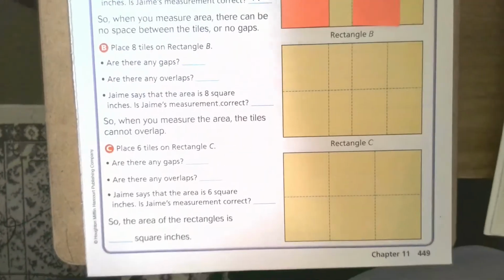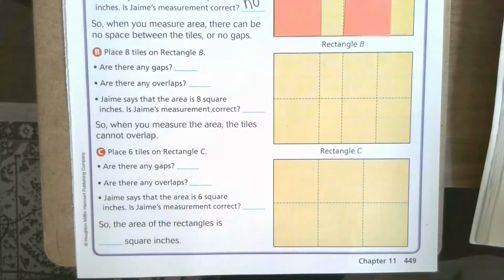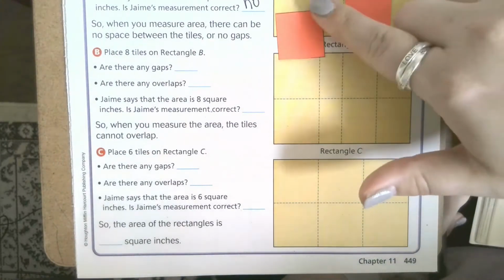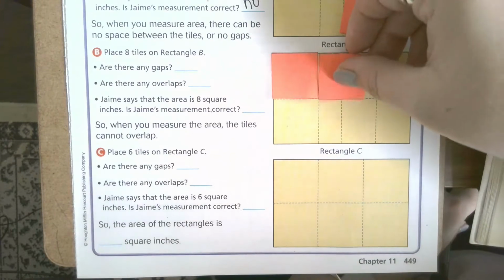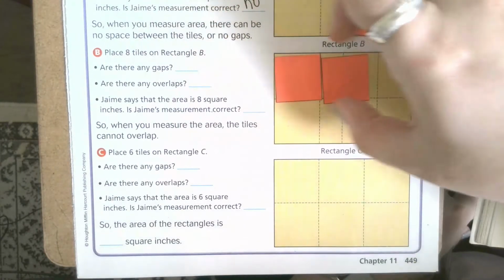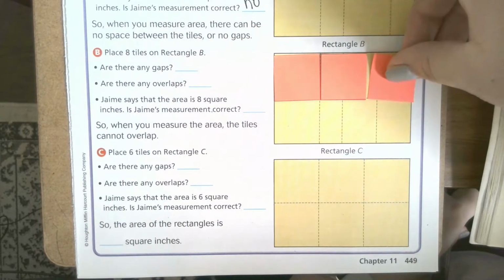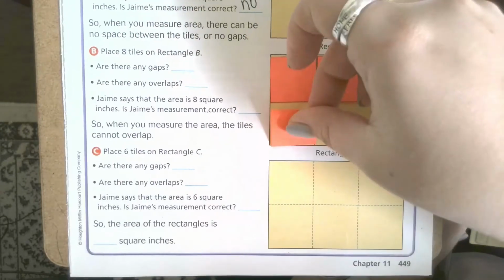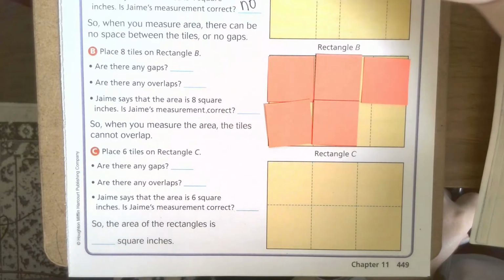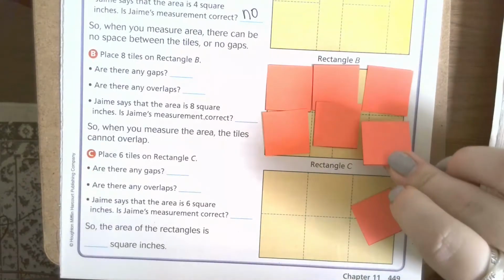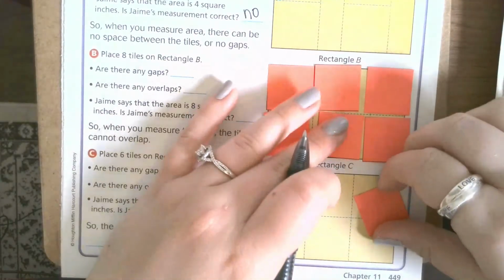Okay, let's look at B. Place 8 tiles on rectangle B. We have 1, 2, 3, 4, 5, 6, and it says to place 8 of them.